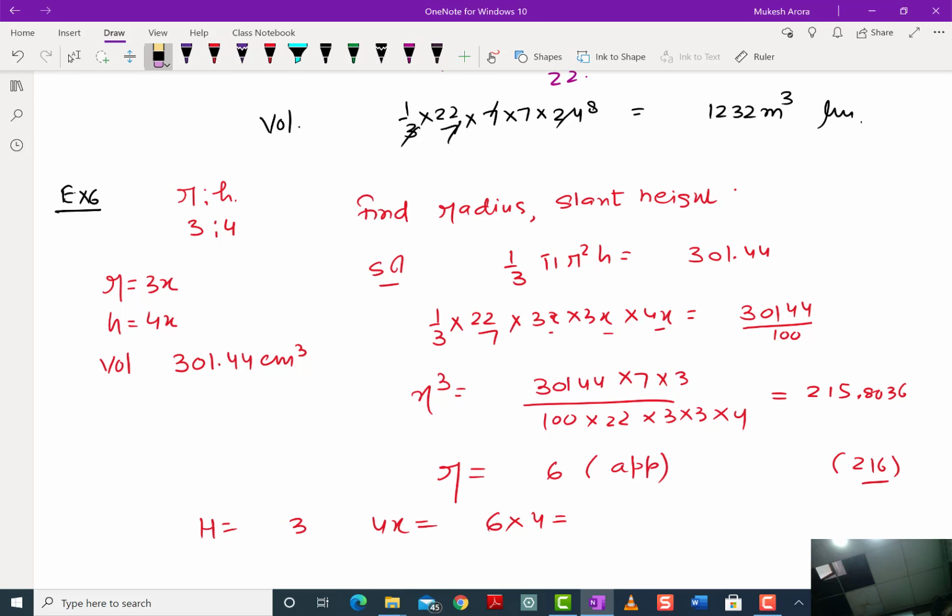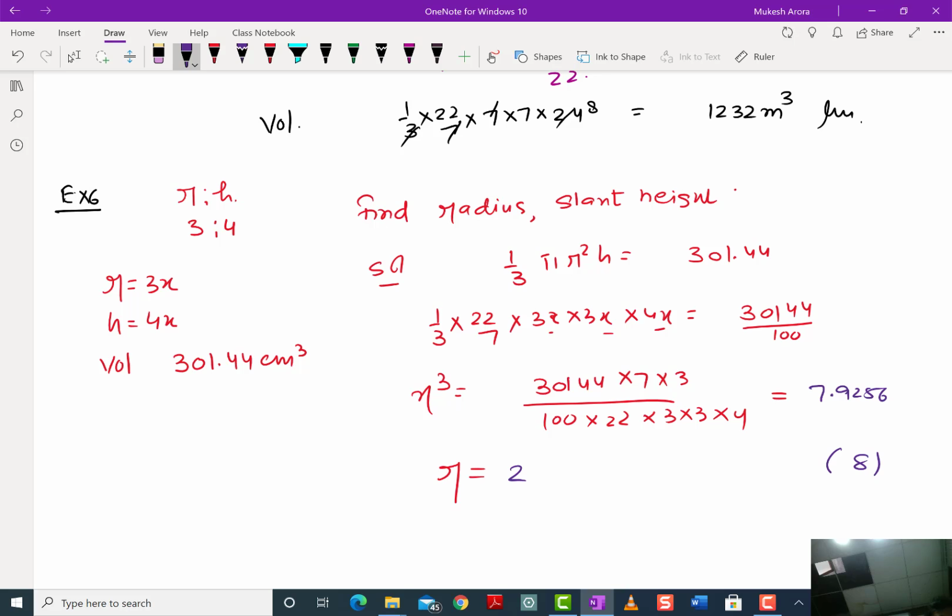That comes to approximately 7.9256, approximately 8, so x will be 2. So radius will be 3 into 2, 6, height will be 4 into 2, 8, slant height will be the square root of 8² plus 6², which is equal to 10.